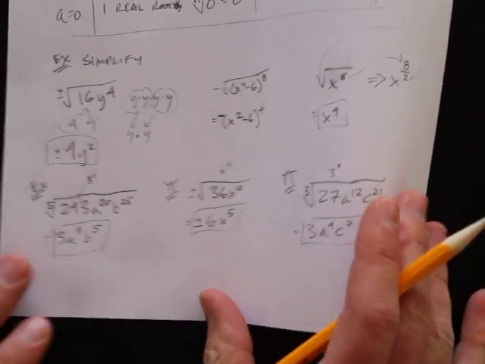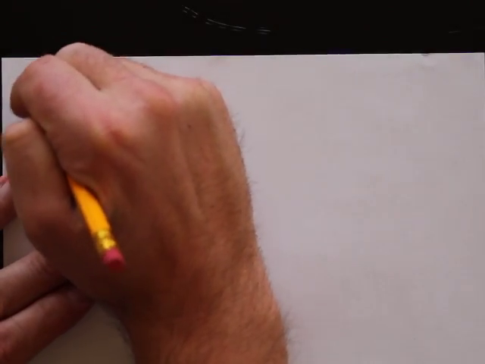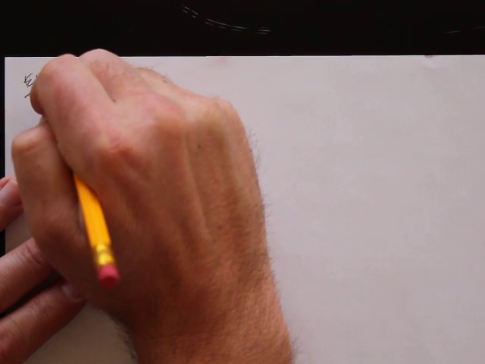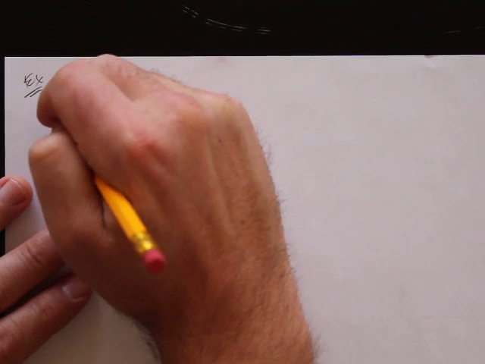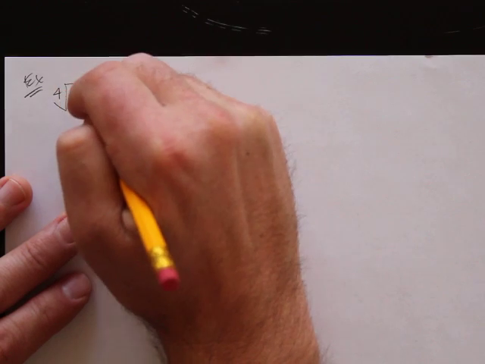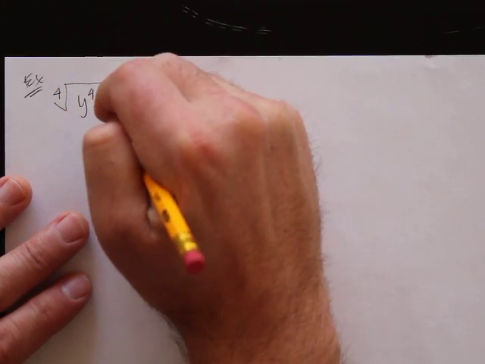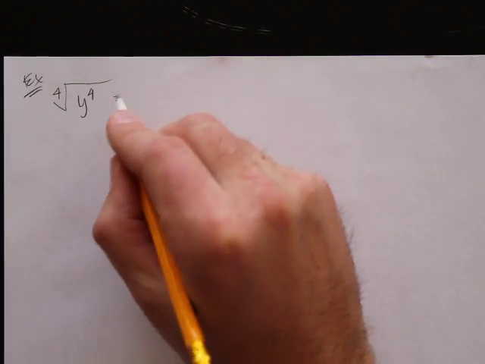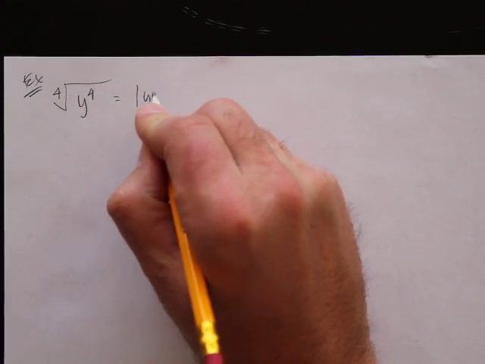All right, one more example and a couple more you-tries. The fourth root of y to the fourth. Now this is tricky, and this is actually the absolute value of y.